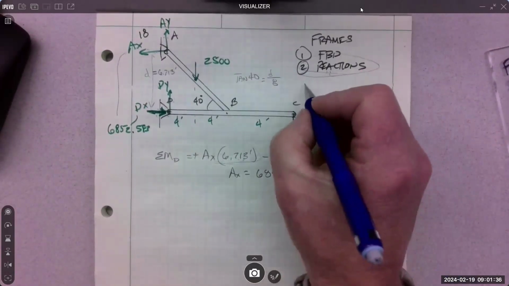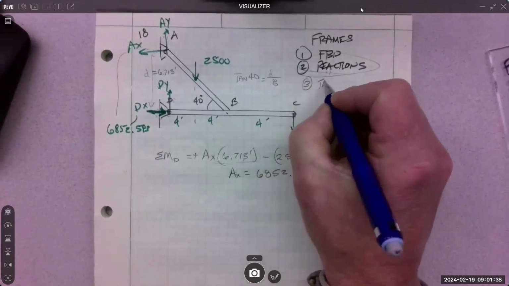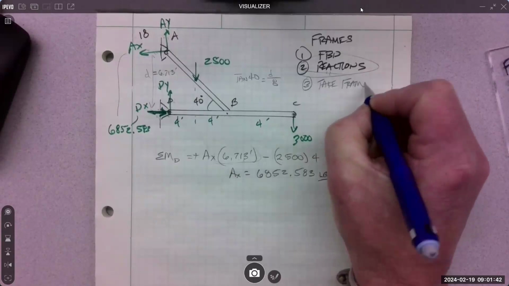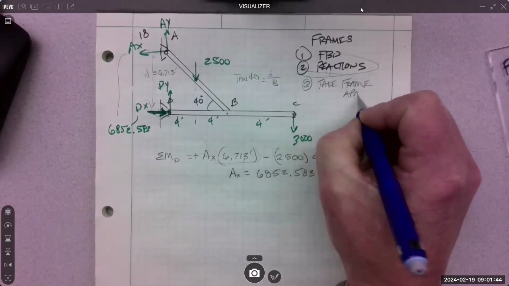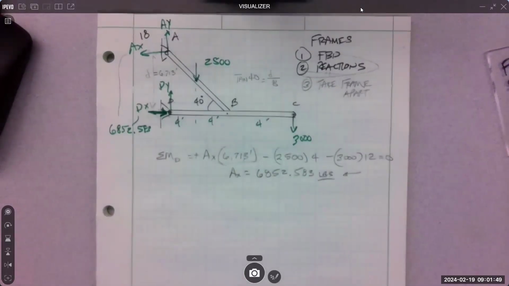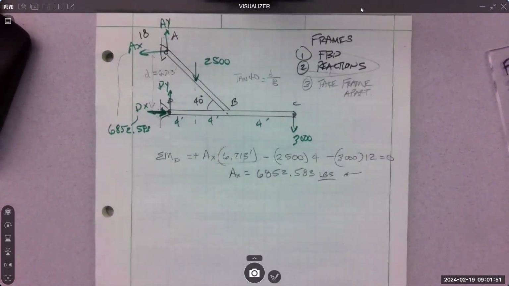And then step 3 is you take it apart. Take frame apart. All right, here's the hot tip. When you take it apart, we're going to draw separate free body diagrams of each piece of the frame.